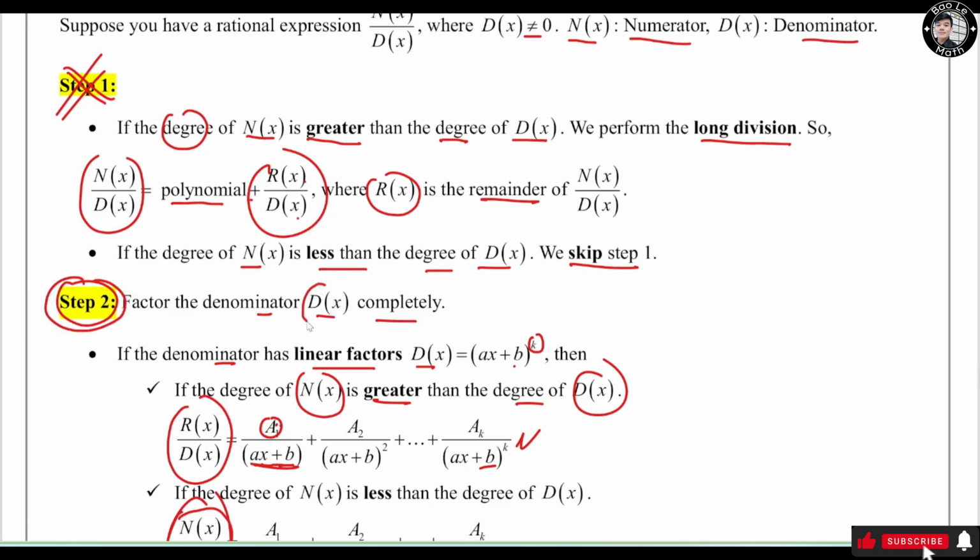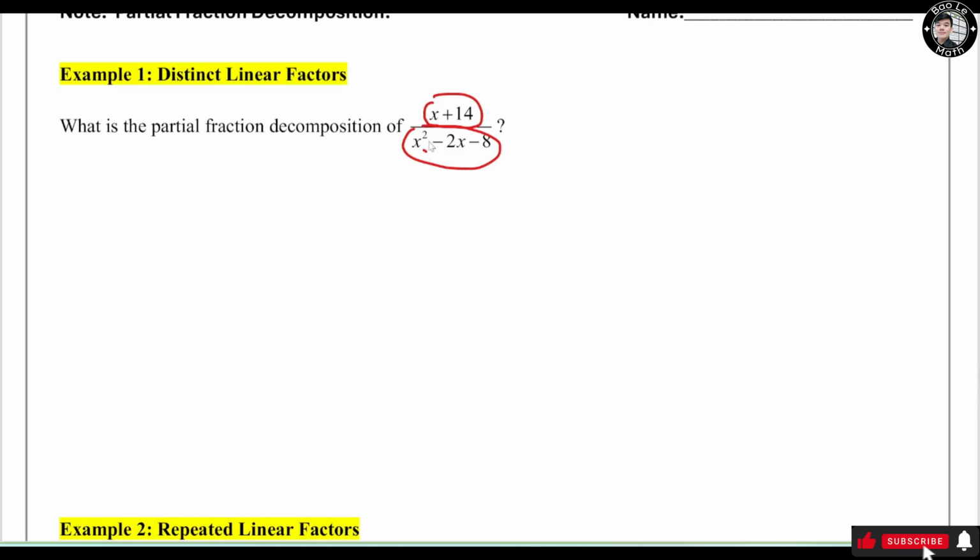We need to factor the denominator completely, and then we're going to use the original one right here, N of s over D of s. We're not going to use the remainder. Now I'm going to factor the denominator. I need to find two numbers that multiply to negative 8 and add up to negative 2, which is negative 4 and 2.